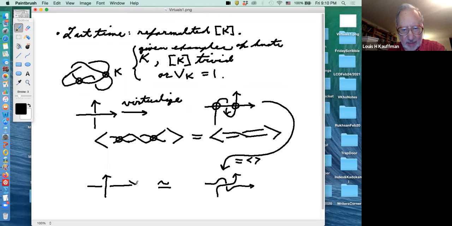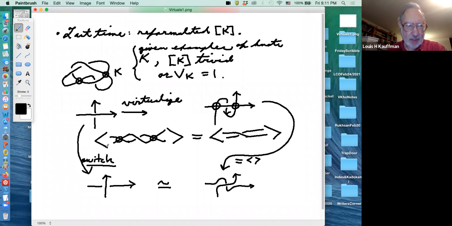And this diagram, as you see, has been obtained by switch. So what this amounts to is there are two ways to change the sign of a crossing. One would be to simply switch it, and the other is to virtualize. And it turns out that virtualize has the same bracket polynomial as switch.